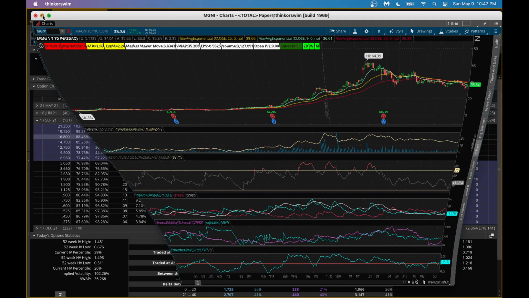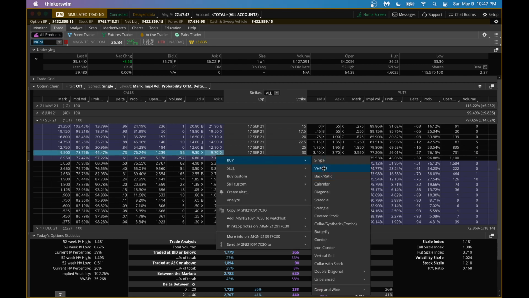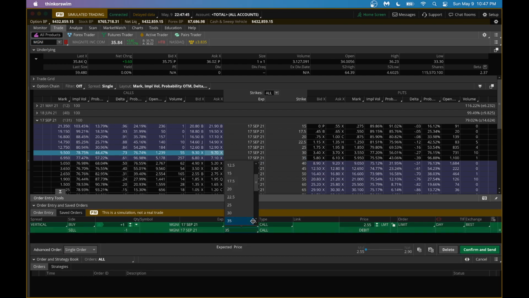So with that, let's go to the option chain here. It's a $35 stock. You could buy the stock outright here, or if you want to play the options game, the stock is at 35, you could do a 30-40 spread easily. So there you go. If you do a 30-40 spread, your $10 wide spread, you're paying $4.45.